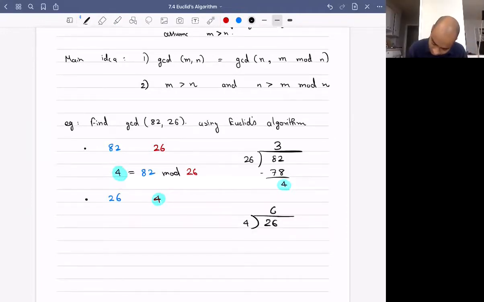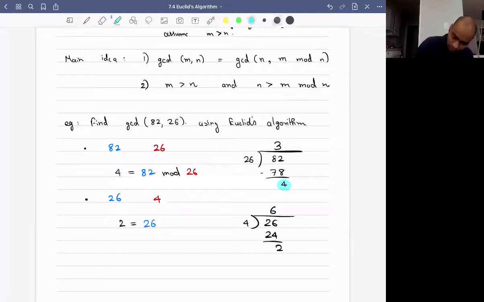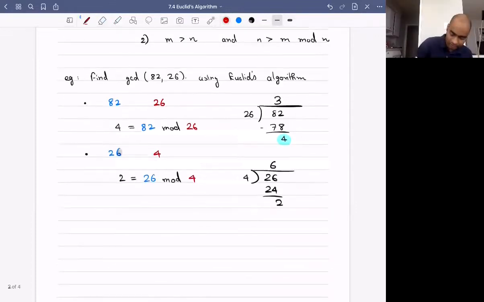So that is 6, and here's my new remainder. So I will get 2 is equal to 26 mod 4. And now my new numbers are the smaller of the older numbers, which was 4, and then the new remainder that I found, which is 2.